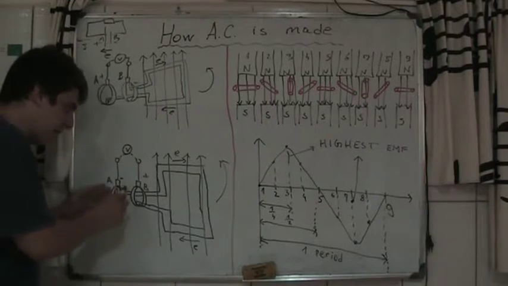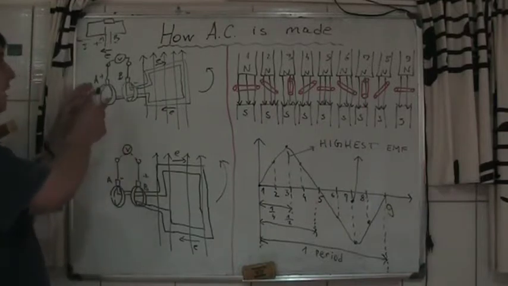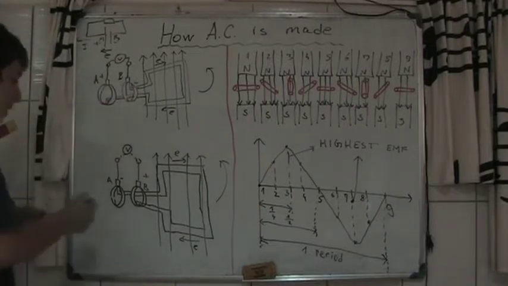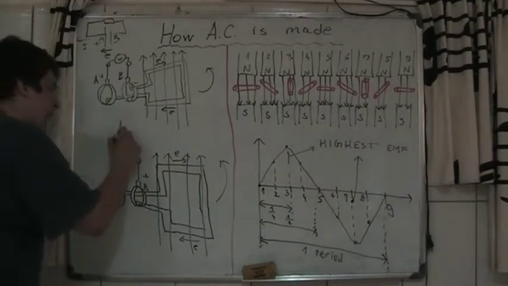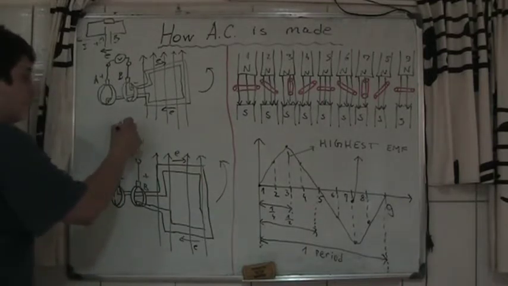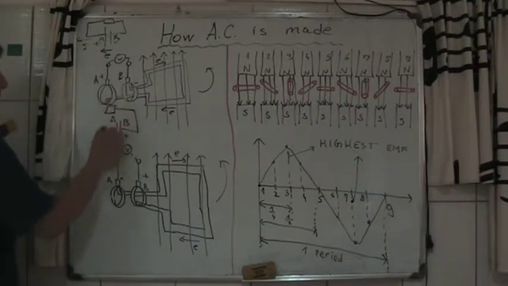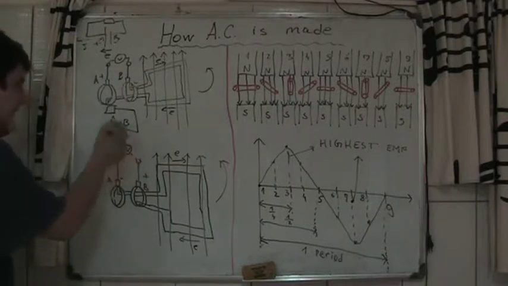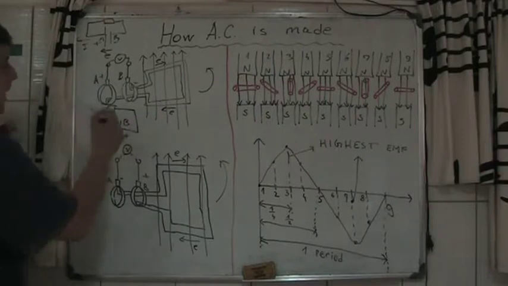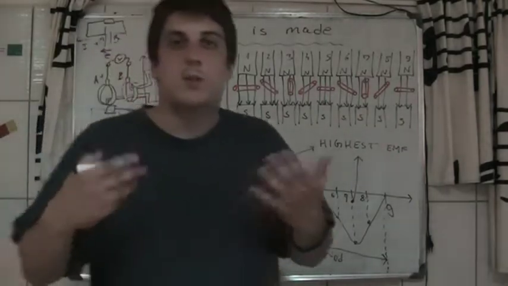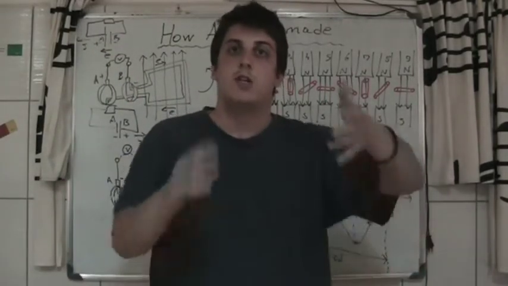So this becomes minus and this becomes plus. Before, A was plus and B was minus. Now the brush of B becomes the plus sign and A becomes the minus side. If you put a resistor here, not a voltmeter, then the current will go in the other direction. So that is the basic principle of alternating current. It changes direction.